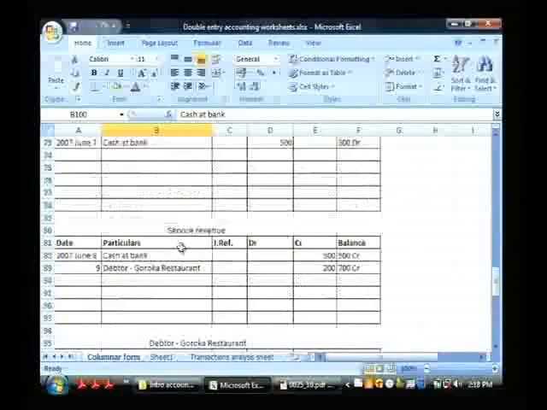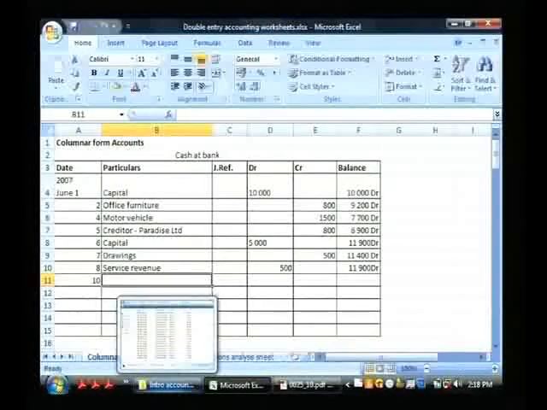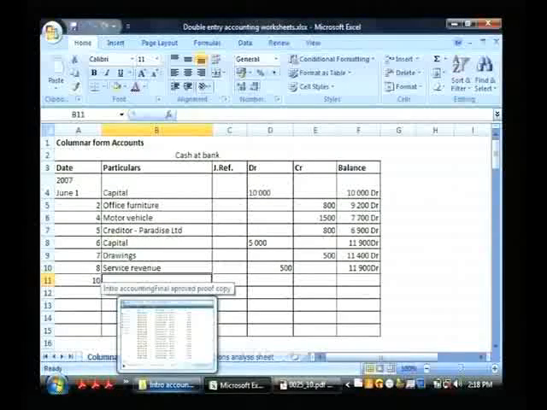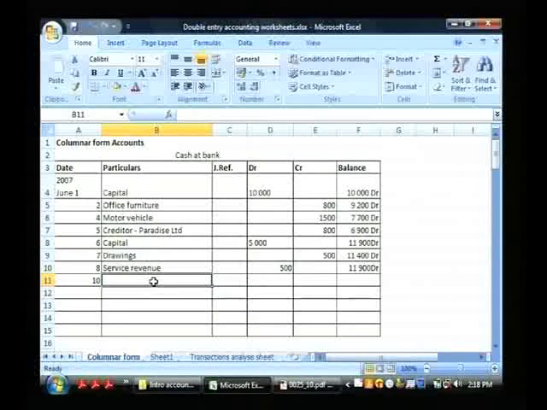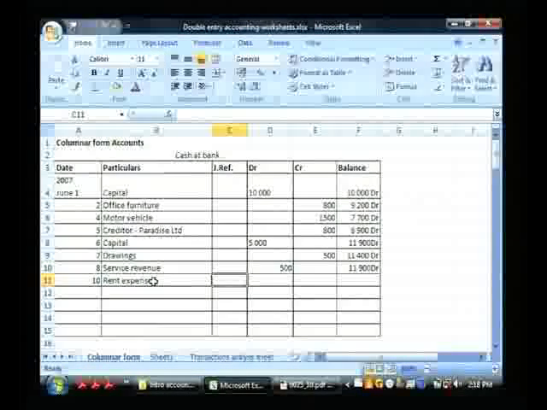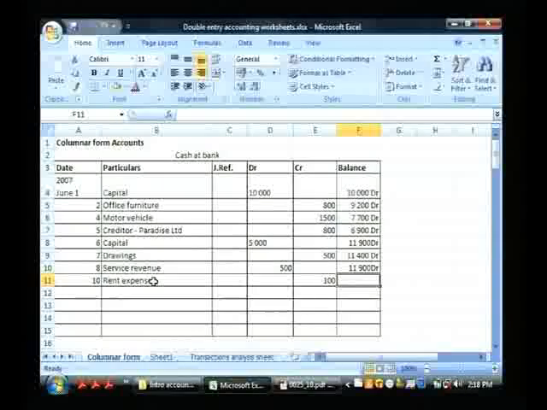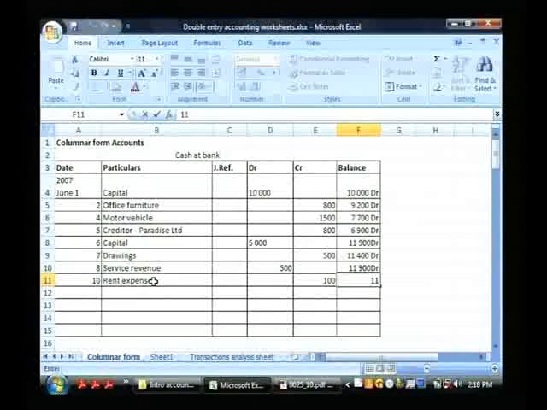Now move on to the cash at bank account here. It is 10th and rent expense is a cash at bank credit 100. Therefore the balance is 11,800 debit.